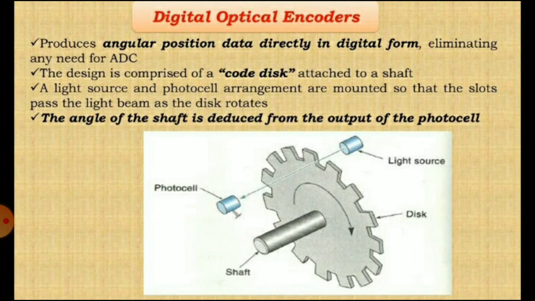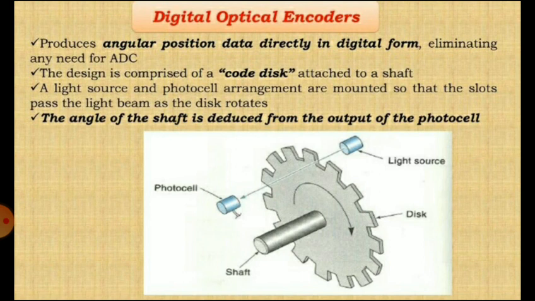It produces angular position data directly in digital form, eliminating any need of an ADC. The design comprises a code disk attached to the shaft. A light source and photocell arrangement are mounted so that the slots pass the light beam as the disk rotates.